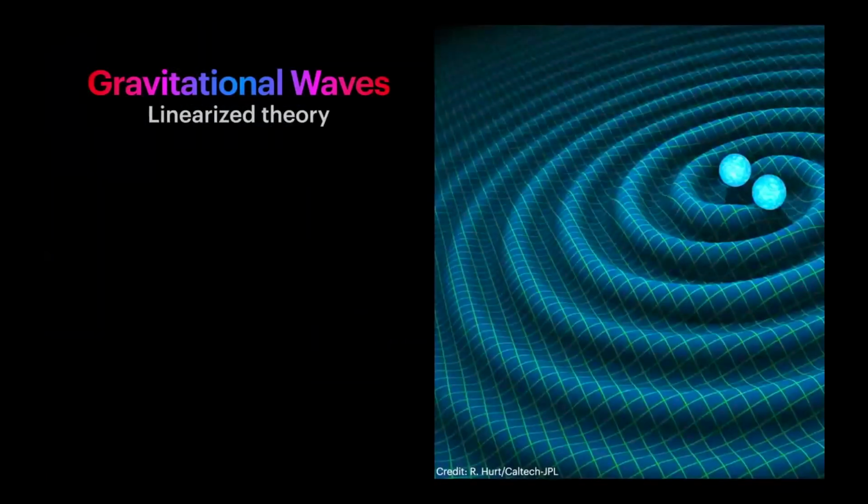Just a little talk about gravitational waves and how they come from general relativity. Technically, as early as Einstein wrote down his famous equation, it was seen that it has some kind of wave-like nature in it.